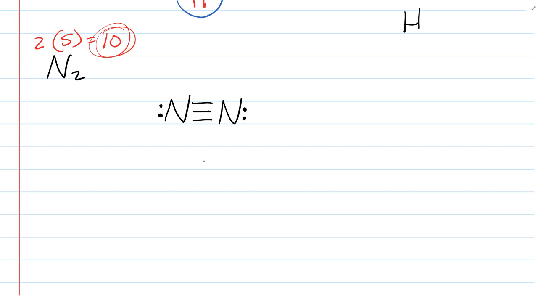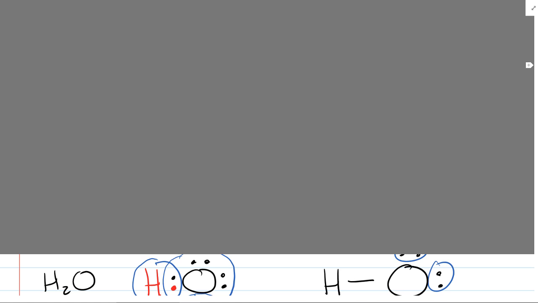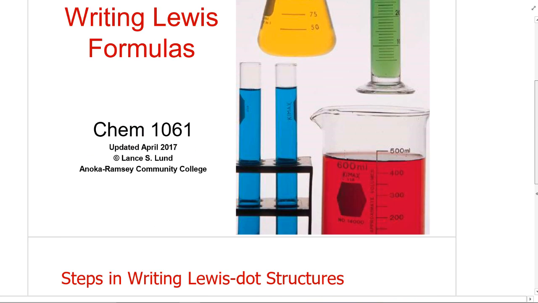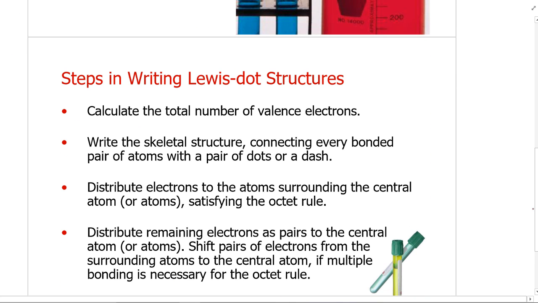This is going to tell us how we go about writing those Lewis diagrams. There's a set of rules that we'll be using. So let's look at some examples and see how we might go about writing out those Lewis symbols. And again, we're showing Lewis dot structures.